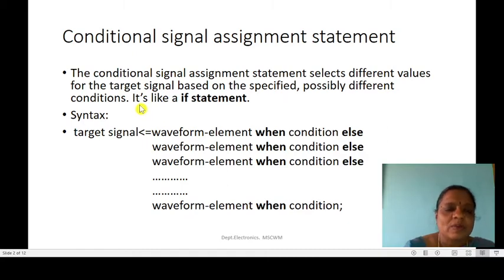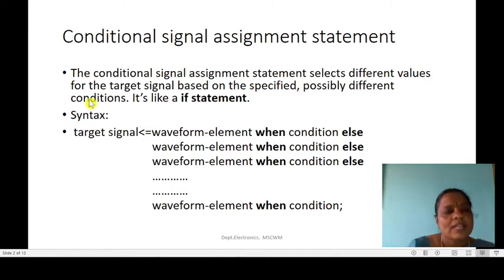You remember that this conditional statement is similar to the if statement we studied under the sequential statements. Only the syntax is somewhat different, but the working is the same as the if statement. If you have not read or do not remember the working of the if statement, you already have the video. Go through the working of the if statement once again.